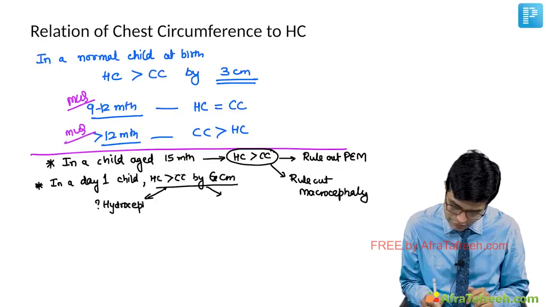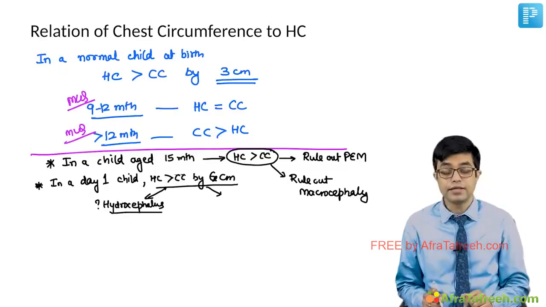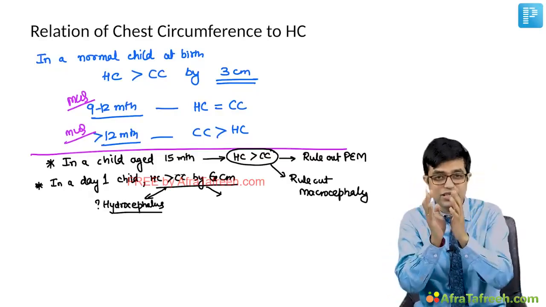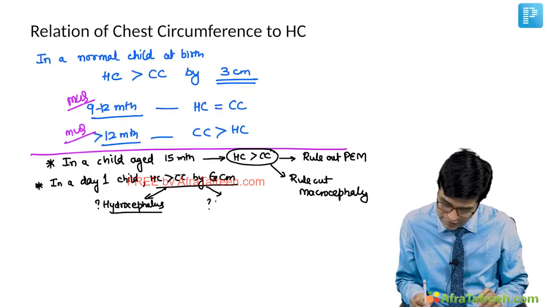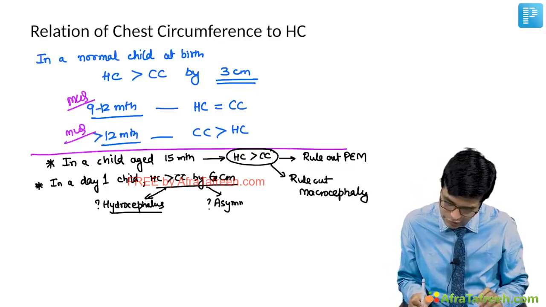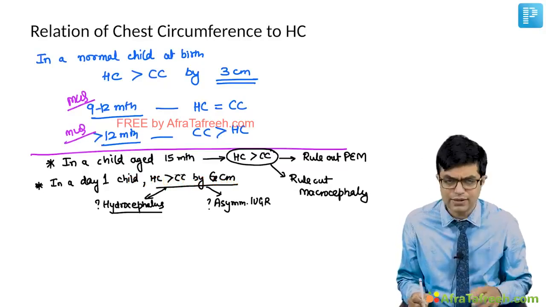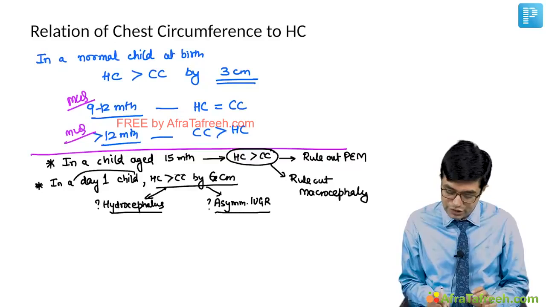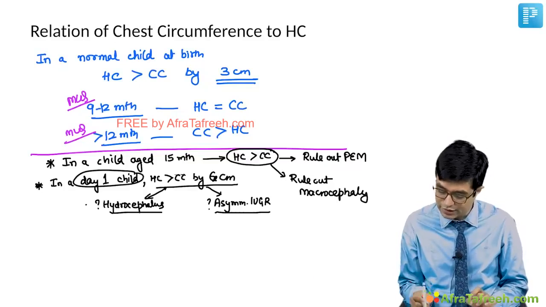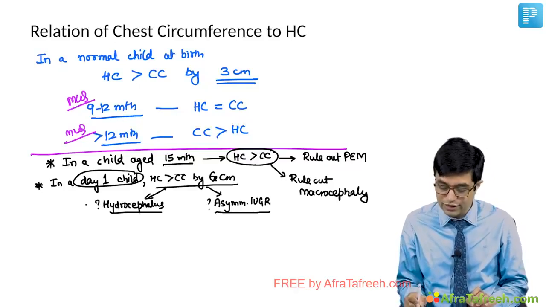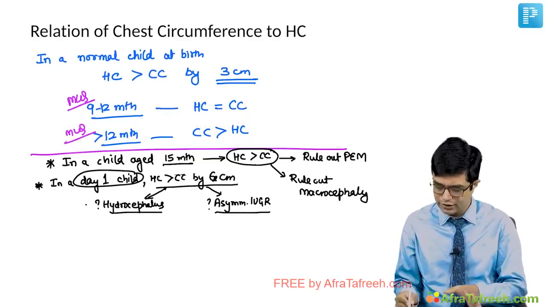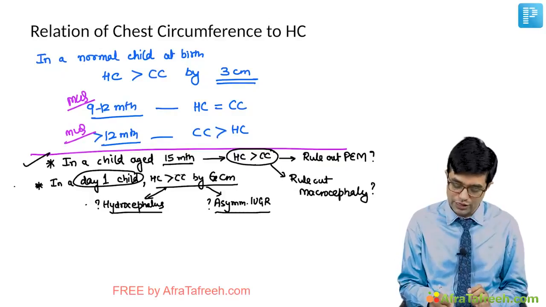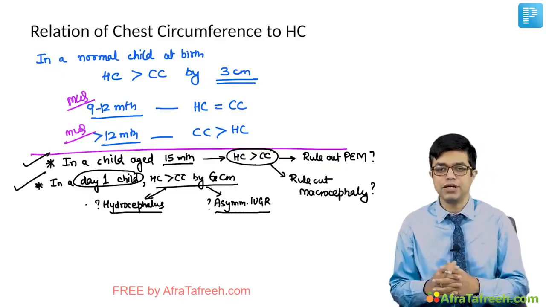It is a just born child. Second possibility, too shrunken chest. Head may be normal in size, chest is shrunken, which will be seen in asymmetrical IUGR. More about IUGR we have discussed in a separate module. So these are the possibilities. If it is a day 1 child, you would think on these lines. If it is an older child and this value is given, then these are the possibilities you need to consider. So these are two MCQ scenarios for super specialty exam that you need to add.